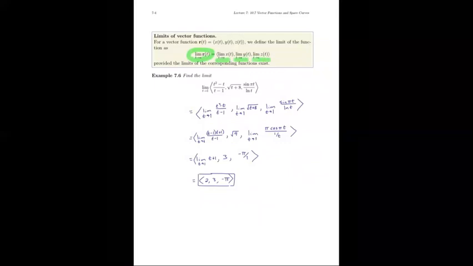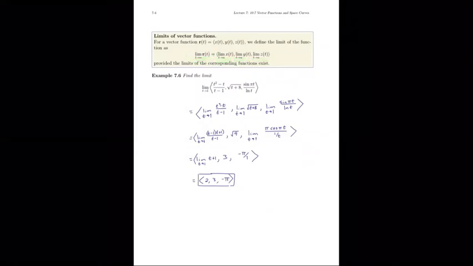And this is only true if each of these limits exists. So it's the standard rules with limits. The identity here is truly equals if each of the limits on the right exists. That's the case. The limit on the left exists, and we're all set. We do things as we normally would.